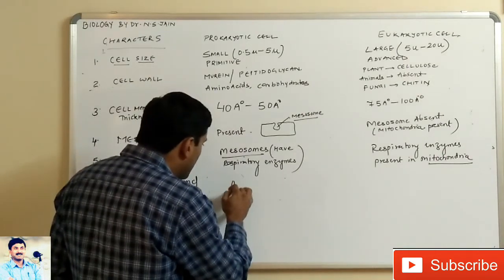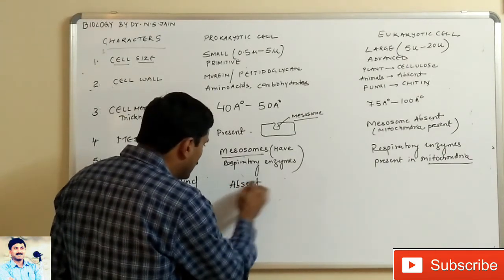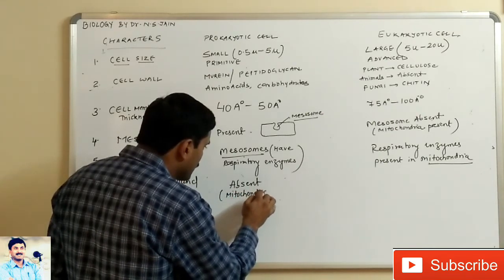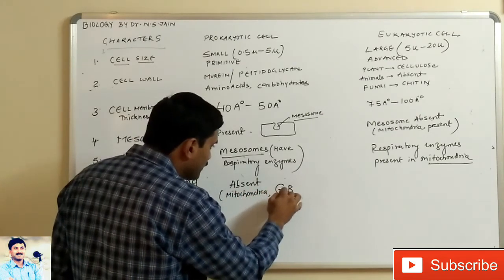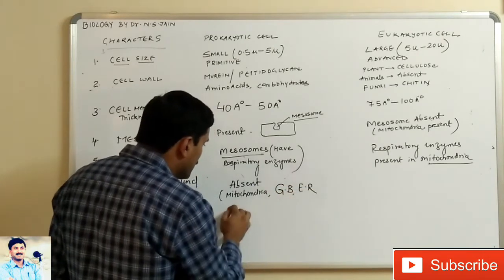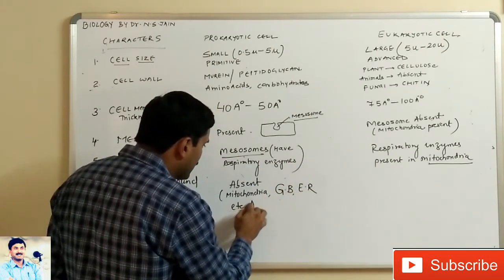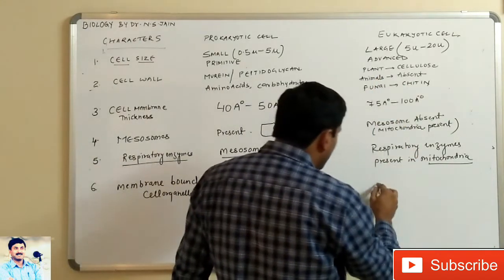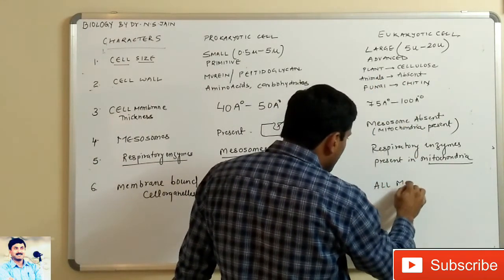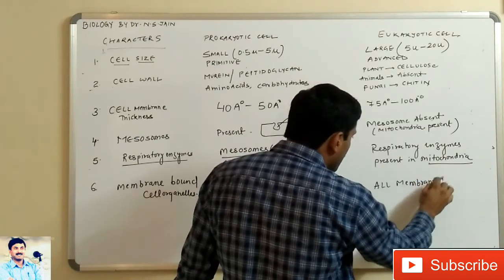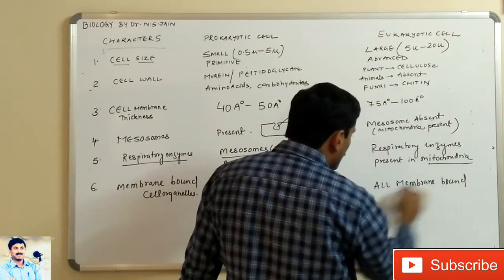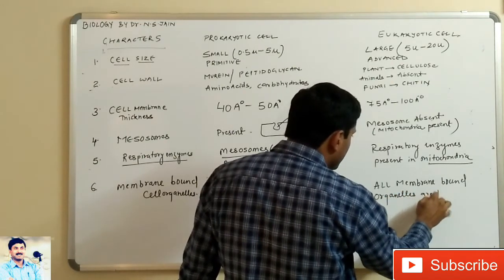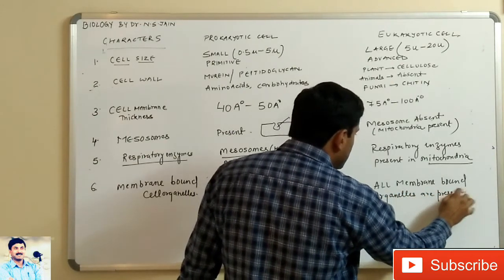For example, mitochondria, Golgi body, ER, etc. are absent here, but in a eukaryotic cell, all membrane bound organelles are present.